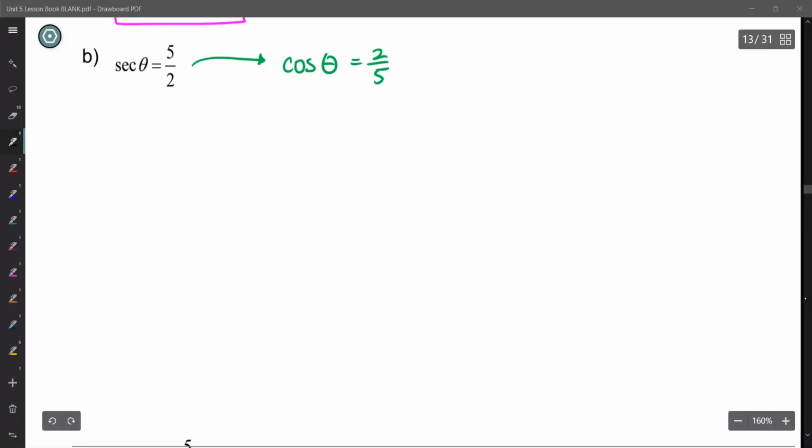Okay, Ben, what did you do here? So I made the drawing, the Cartesian plane, and I made the two lines in quadrant 1 and 4 because cos is positive, and those are the only two where cos could be positive. And then I did inverse cos.